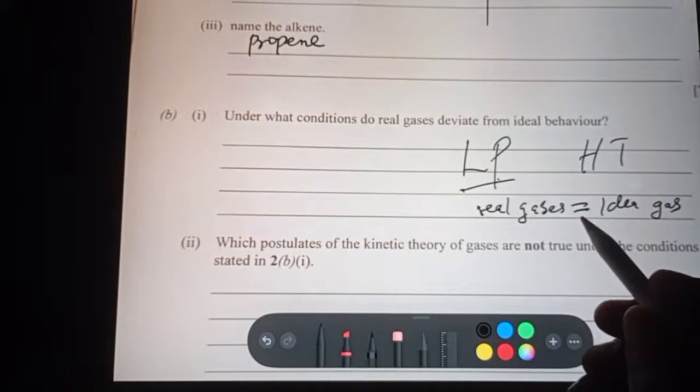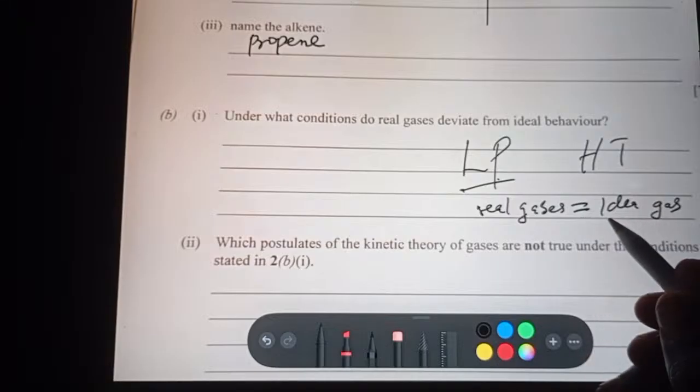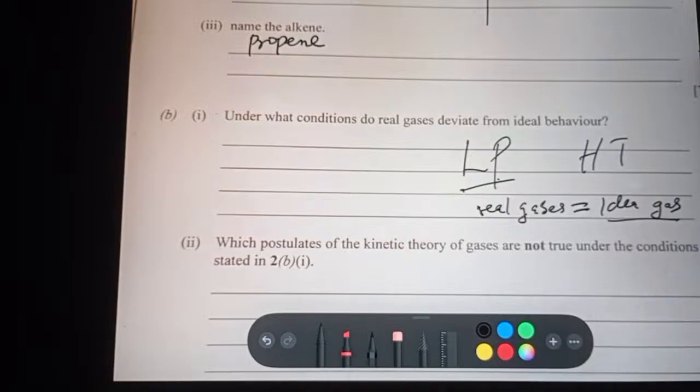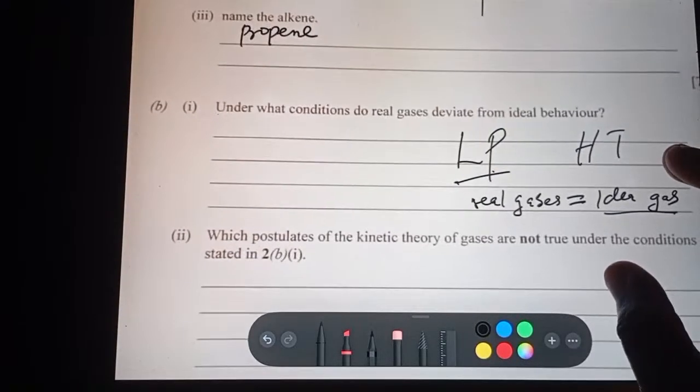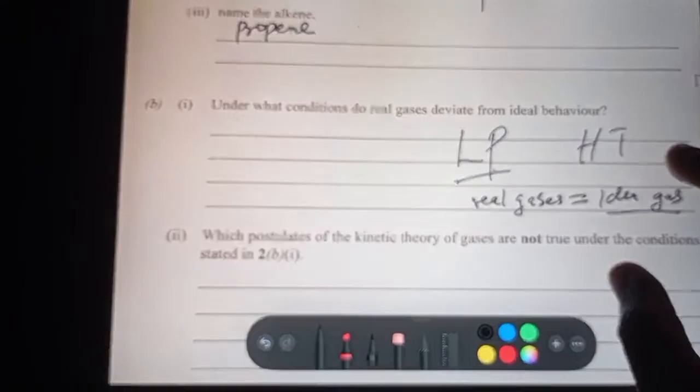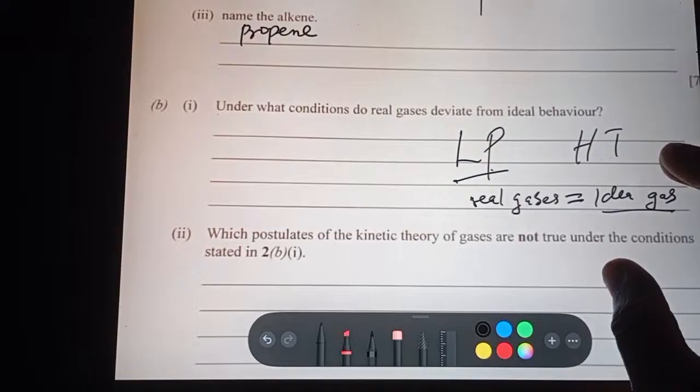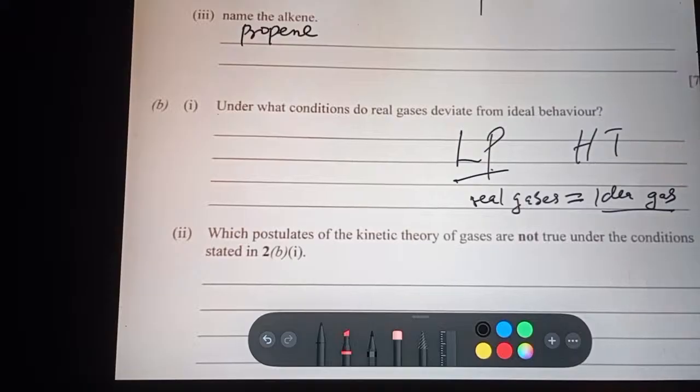Remember, ideal gas does not exist. An ideal gas is a hypothetical gas. It is assumed. It's a perfect gas. It doesn't exist, at least because of van der Waals forces. Yes, of course, there are many other weak forces responsible for the non-ideal behavior of real gases. So remember, ideal gases are not expected to liquefy.